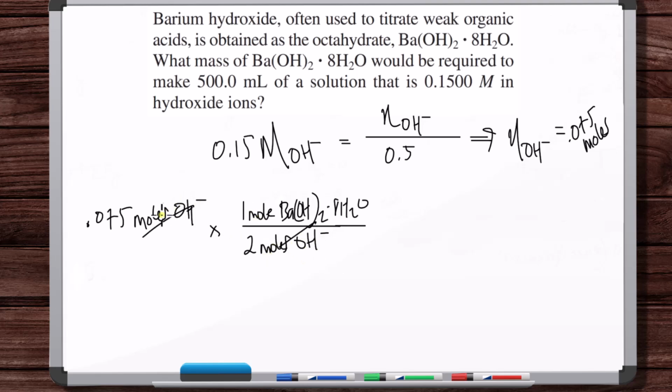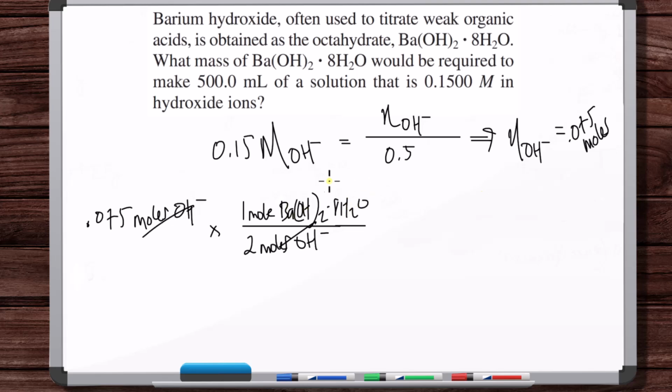So if you've got 0.075 moles of OH- ions, then in terms of barium hydroxide octahydrate, that means you must have 0.075 divided by 2 moles of barium hydroxide octahydrate. So there you go.